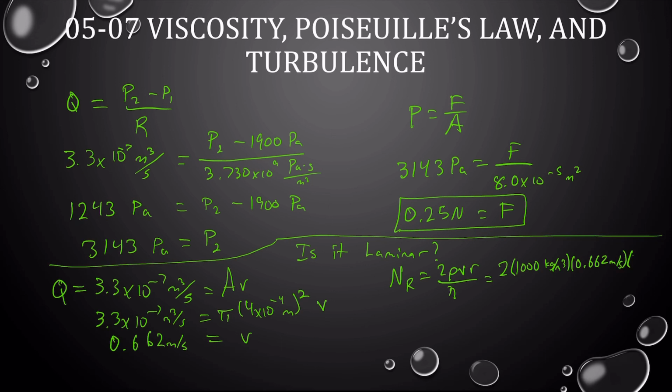And the radius in the needle is 4 times 10 to the negative 4 meters. And the viscosity, it said the solution's viscosity is 1.5 times 10 to the negative 3 Pascal seconds. Run that through your calculator and you get your Reynolds number of 535.